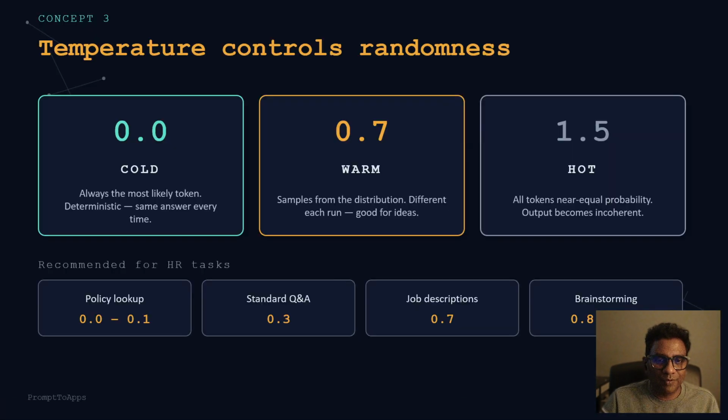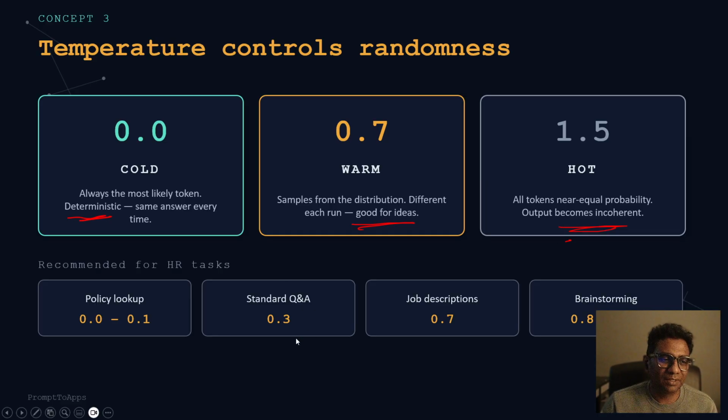When you increase the temperature parameter, the randomness increases, and it gives incoherent or non-equivalent answers. If the model has to always give the same answer, put the temperature at 0. If it has to give good ideas or a different answer on each run, you can use 0.7. If it has to give a more random answer, you can go higher.